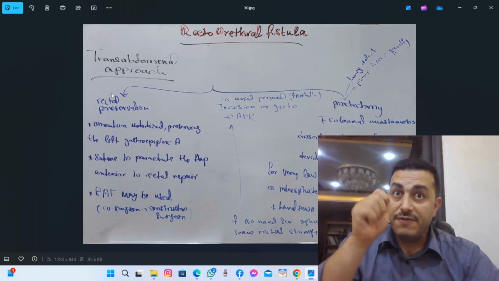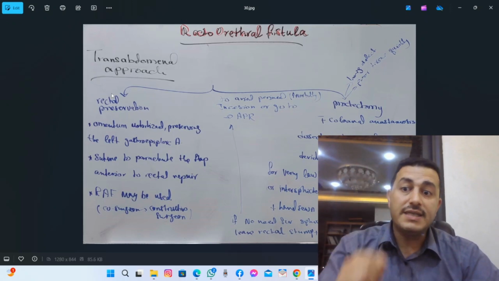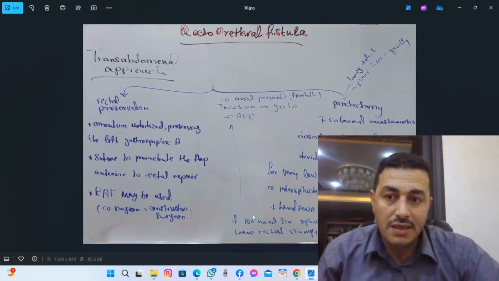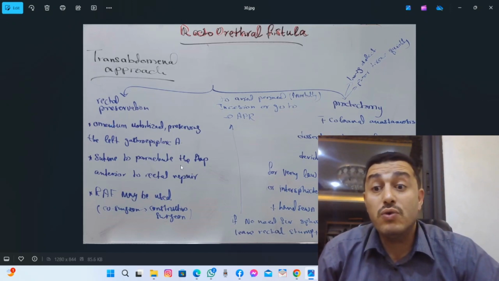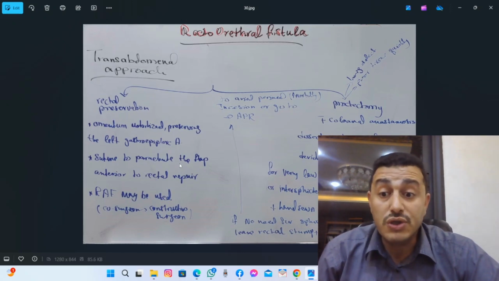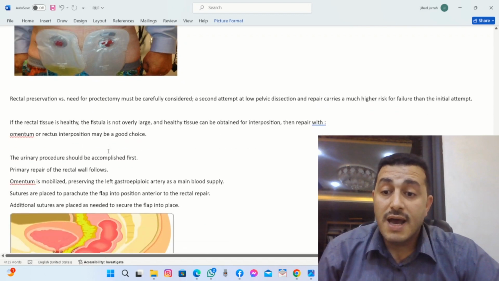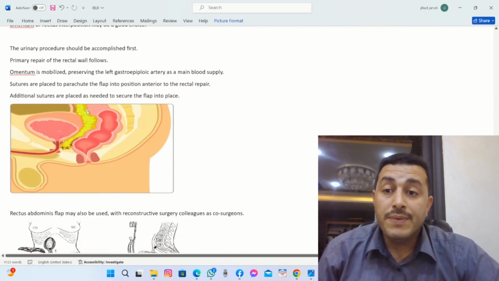These are to repair the defect in the rectal wall and to interpose either omentum, which will depend on the left gastroepiploic artery, or the rectus abdominis flap. I can show you. This is how we interposed the omentum, which depends on the left gastroepiploic artery, and we repair the defect in the rectum and the urinary bladder.